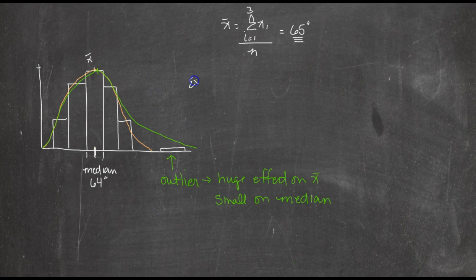So for example, suppose I have a set of measurements and I calculate that X bar is 48.6 and that the median, which is really just M, is 48.3. Because these values are so close together, I can say that this is a nice symmetrical normal curve.